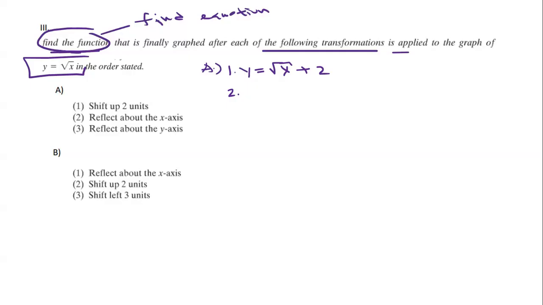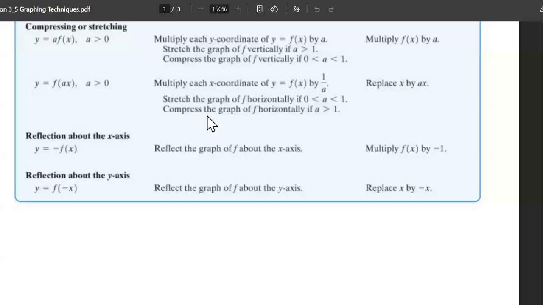Now I want to show you in the handout. Let's pause this for a second. We want to reflect about the x-axis. On the handout, see the negative is in front of the function.